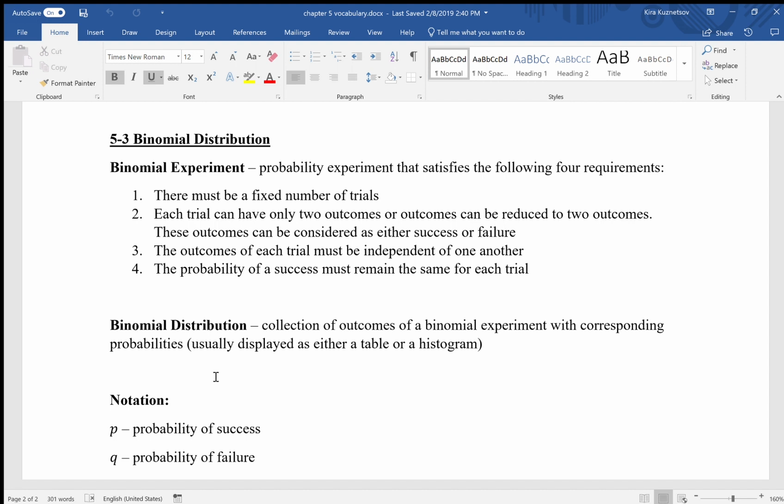Or you can take this table and do a histogram where you represent each of the x's as a class. So you have a visual display. So this is the binomial distribution. You can either look at it as a table or as a histogram.